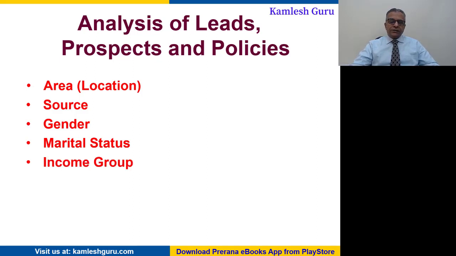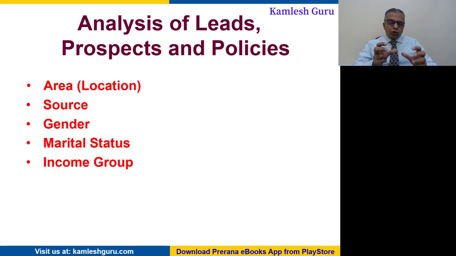Then most important is income group. Which income group your leads, prospects and policyholders are in. It will help you come to know which market segment you are working with, and whether that market segment will give you the required ticket size that will take you to your goals or not. If you have prospects in that particular area only, then you have to change your goals.